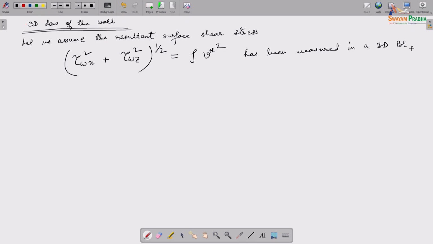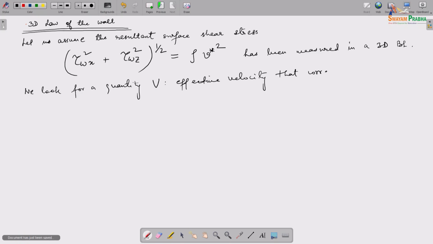Now, in that case, we look for a quantity V, which is actually an effective velocity that correlates the velocity profile into its 2D form.